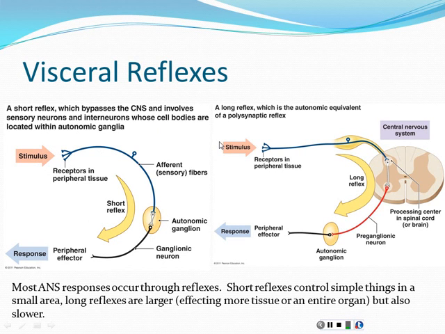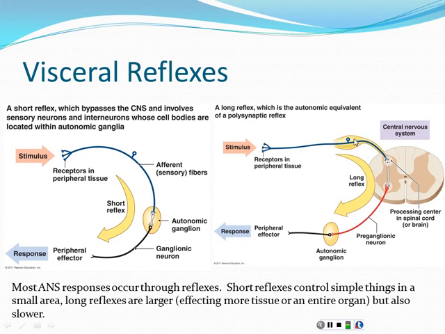But if the change is more complex or requires more effects on more different places, now the body is going to go ahead and use the central nervous system. So in a long reflex, those receptors go all the way into the spinal cord, have a synapse, and then come all the way back out through the ganglia and out to the effector.